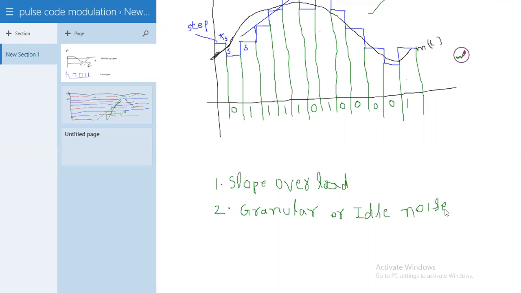So two distortions can be present in delta modulation: one is slope overload distortion, and the second is granular or idle noise.